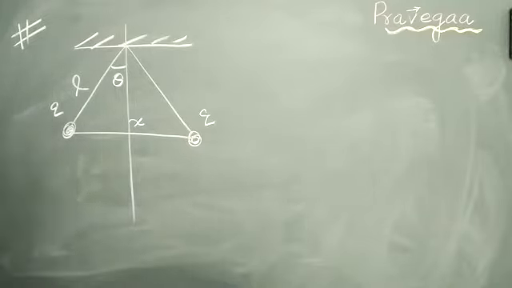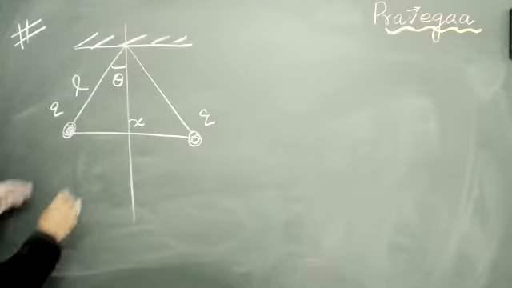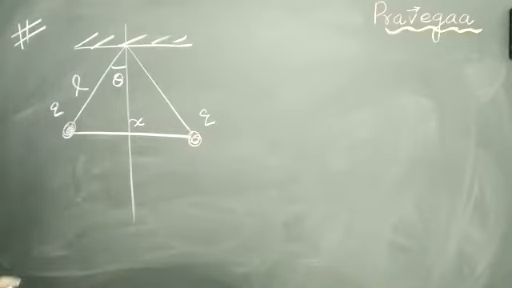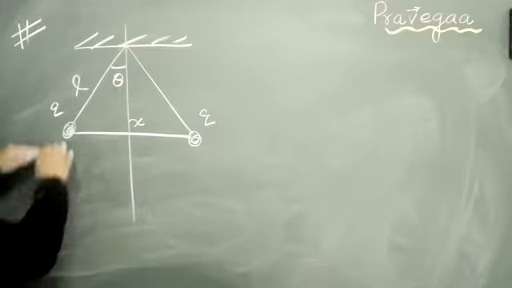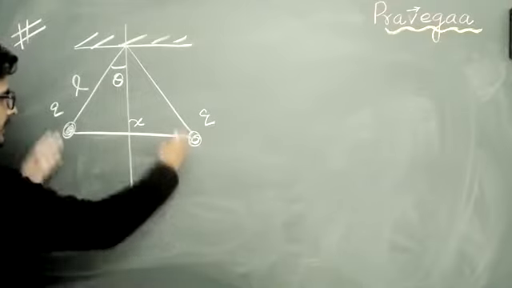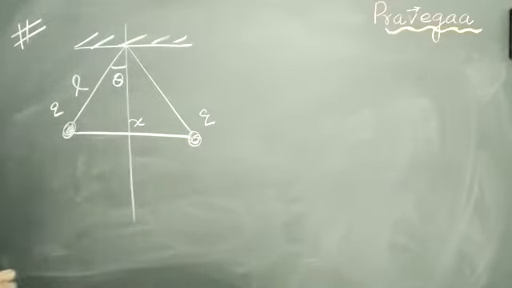Now what happens? Please see this. Why will this be at equilibrium? Anybody can explain? There is a repulsion force because of the Coulomb force, tension will be there, and there will be gravitational force also working. Yes or no? Yes, sir.